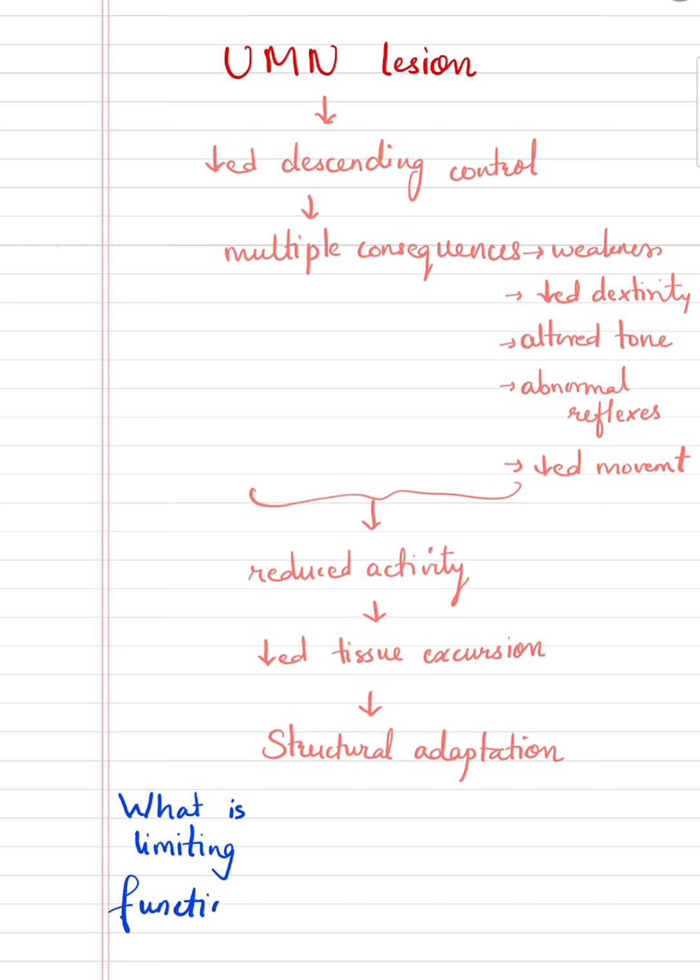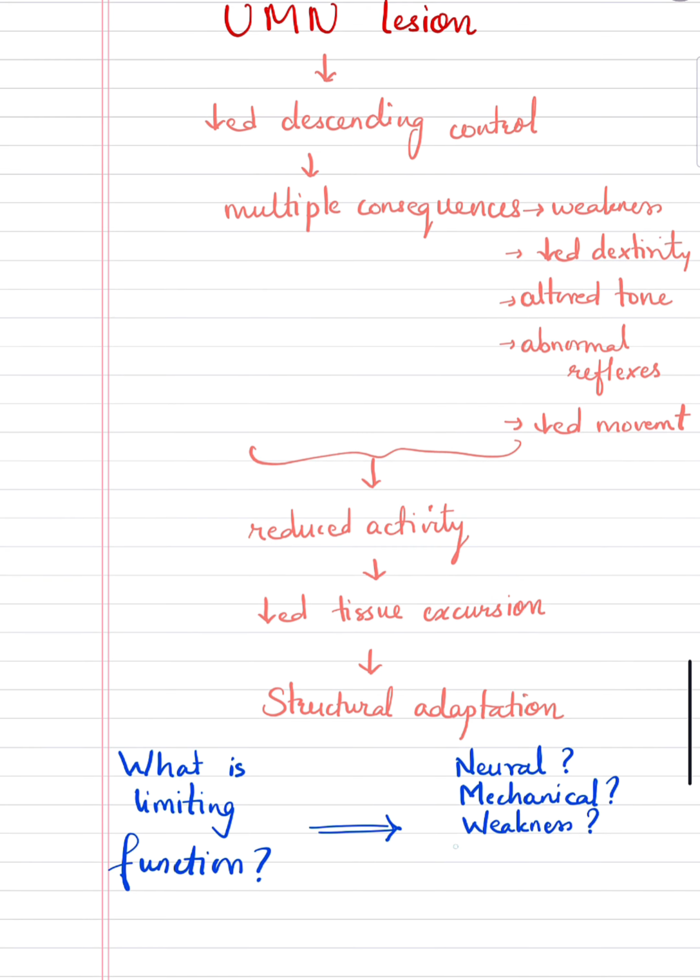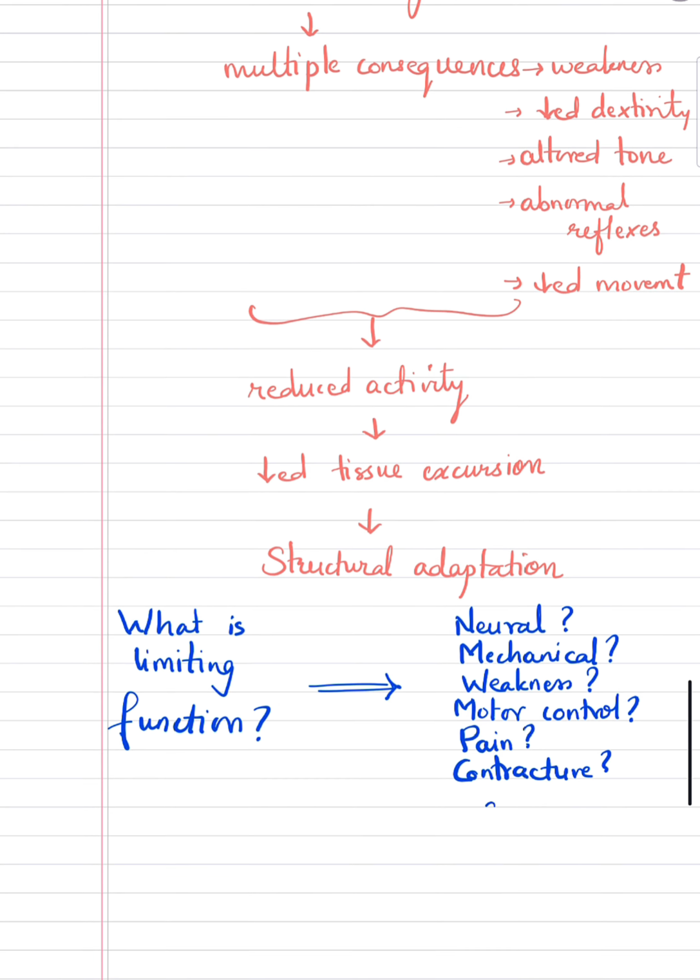So, whenever a patient comes with stiffness, you should ask what is a factor limiting function? It could be neural, it could be mechanical, could be weakness, could be loss of motor control, could simply be pain or contracture, or even a combination of all these factors.